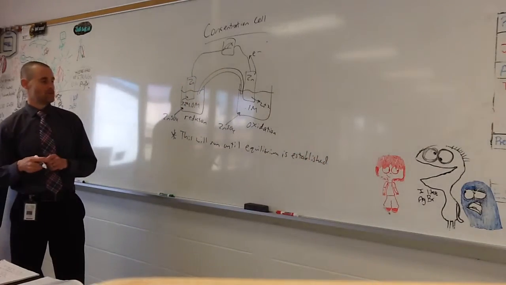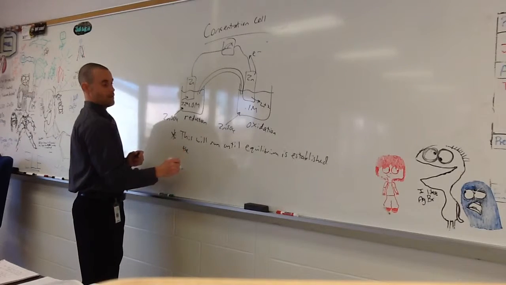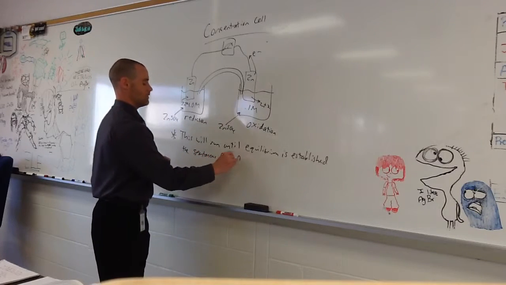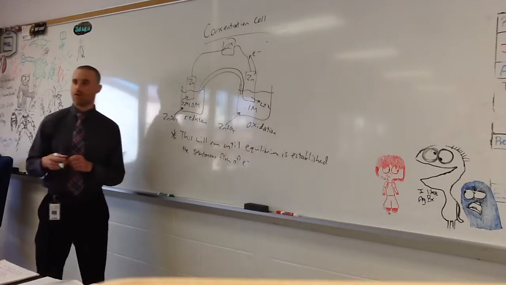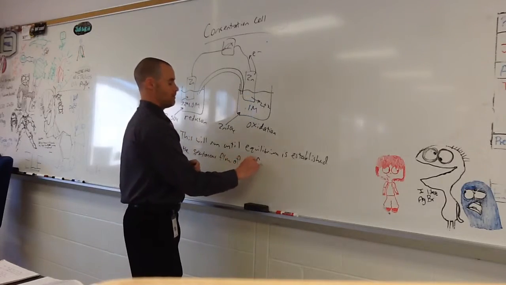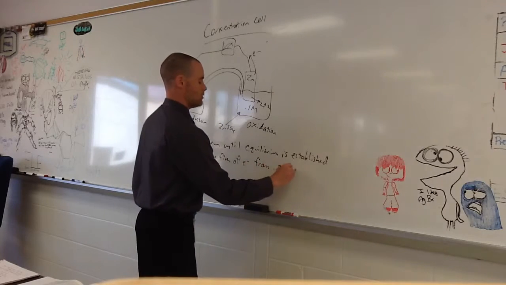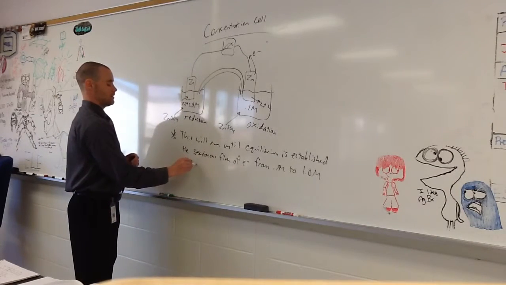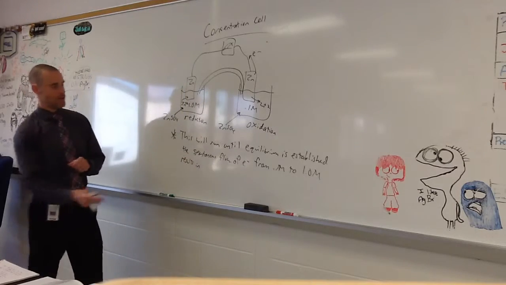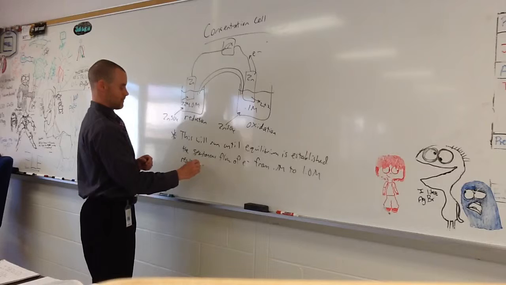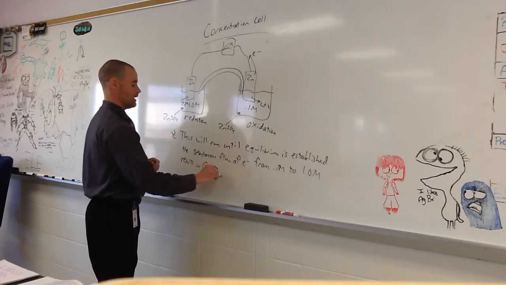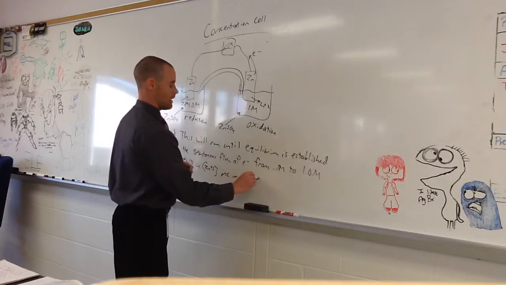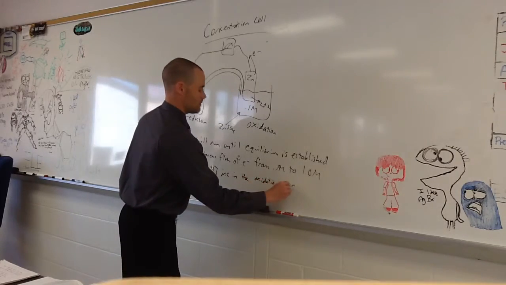So this will run until equilibrium is established. The spontaneous flow of electrons from 0.1 molar to 1.0 molar results in, I'm kind of running out of room here, results in Zn+2 concentration increasing in the oxidation half cell.